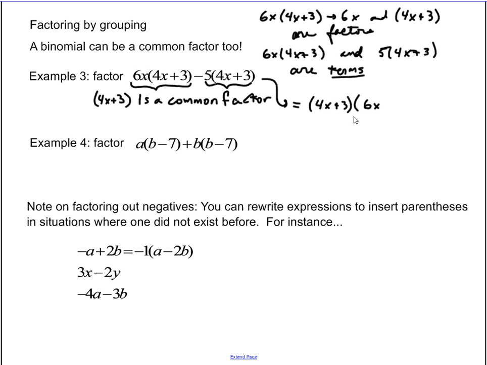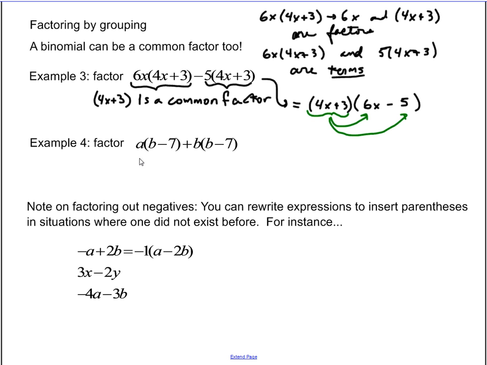Notice that we would take 6x times the quantity 4x plus 3 to get 6x times 4x plus 3 minus 5. And in this case, we're picturing it this way. If we were to reverse the situation and multiply, we would see that 4x plus 3, the entire quantity, could be distributed one by one to each of those two terms if we reversed the process. So the factorization is 4x plus 3 times 6x minus 5.